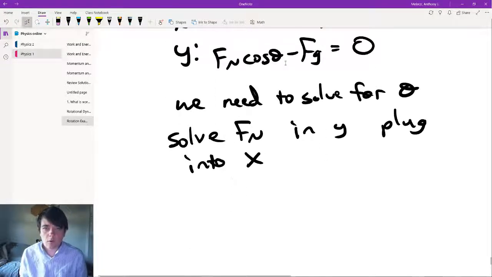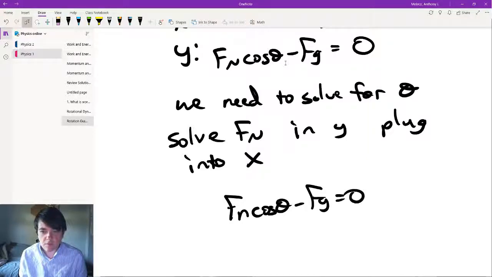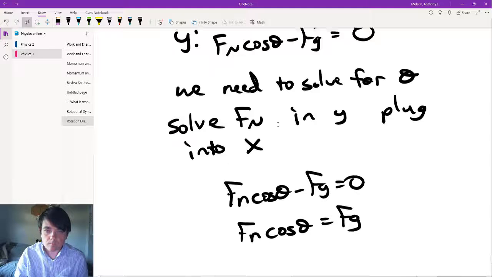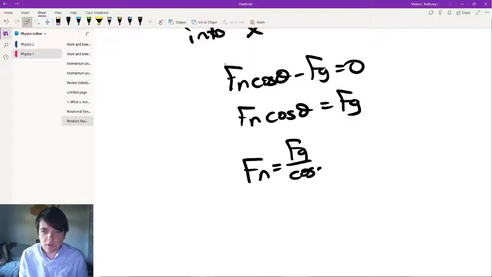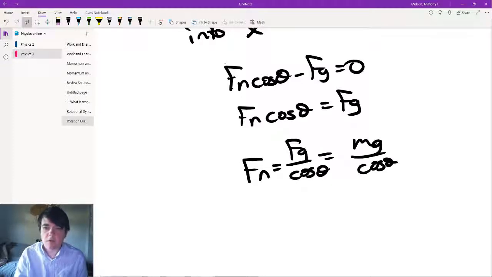So Fn cosine theta minus f of g equals 0. So Fn cosine theta equals f of g. We just divide now, so Fn equals f of g over cosine theta equals mg over cosine theta.